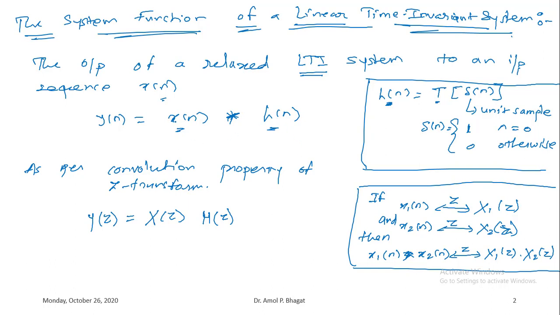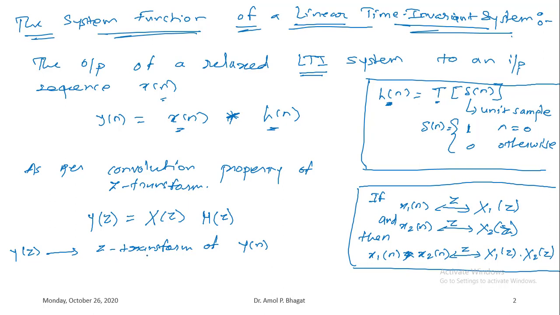So their respective Z transforms will be X of Z and H of Z, right? We are simply multiplying them in the Z domain. So here we can say that Y of Z is the Z transform of y of n, right?